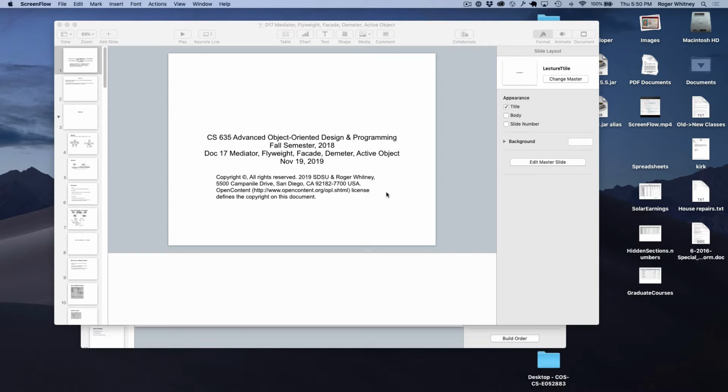What's the originator? In the Memento pattern, we have an object we want to save the state of for later use.